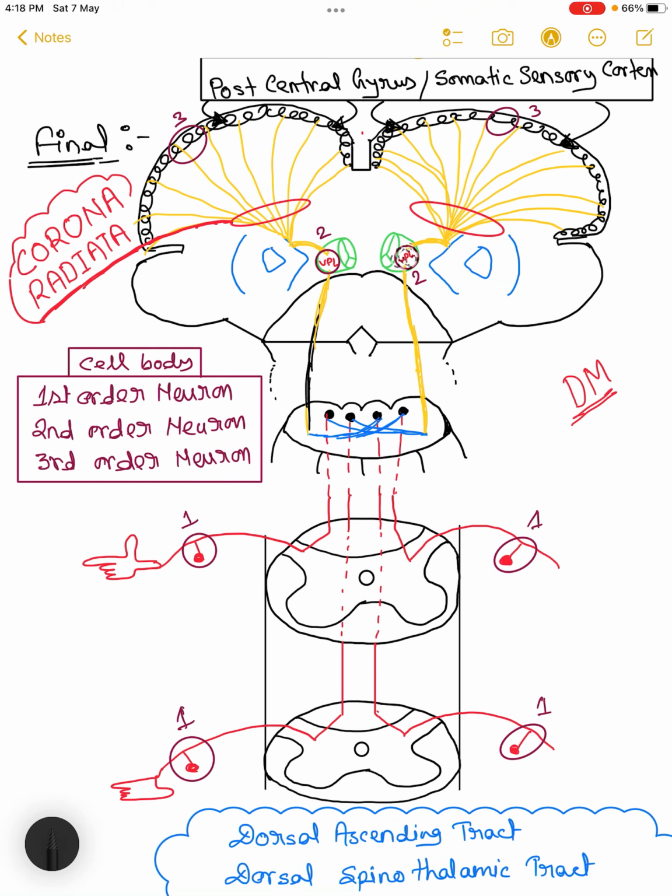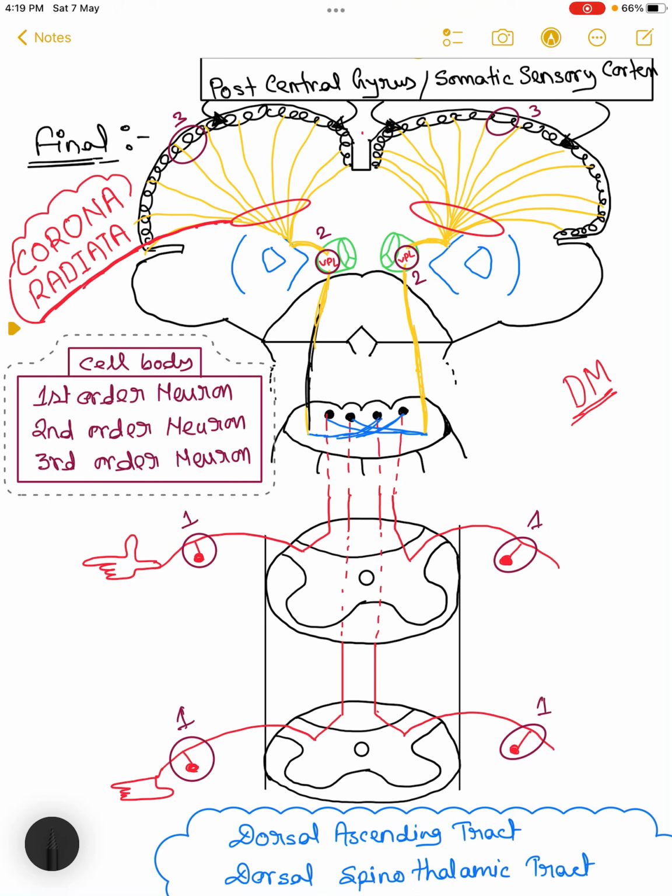So if it is nucleus, there is cell body, and from here there will be a new fiber, and this fiber goes up to where? The cortex. So this neuron is known as what? Third order neuron. So this is the concept of first order, second order and third order neuron.